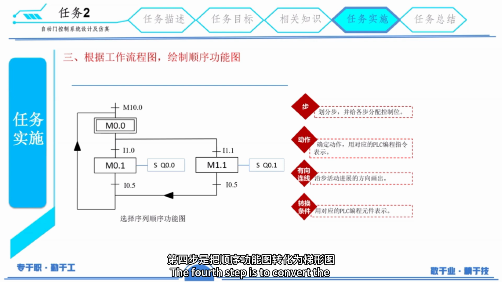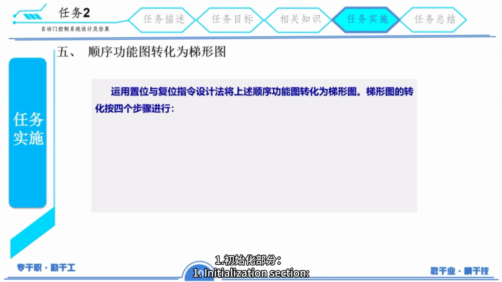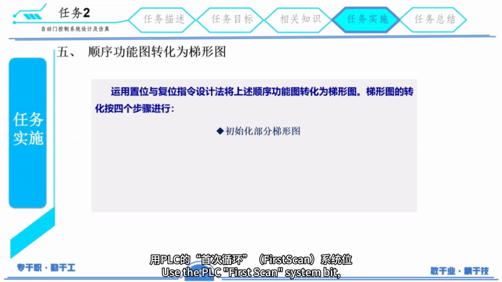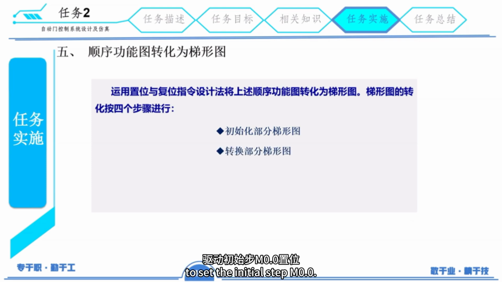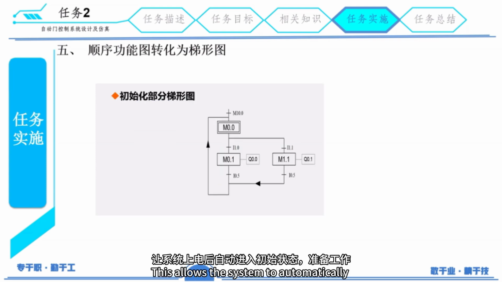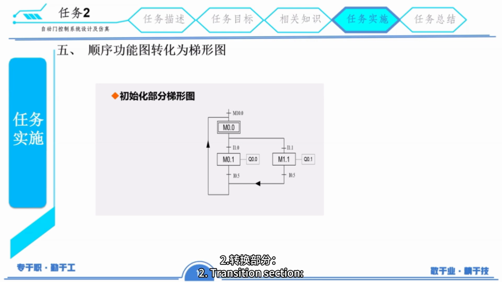The fourth step is to convert the sequential function chart into a ladder diagram. This is done in 4 key stages. First, initialization section. Use the PLC first scan system bit to set the initial step M0.0. This allows the system to automatically enter the initial state after power up. Second, transition section.